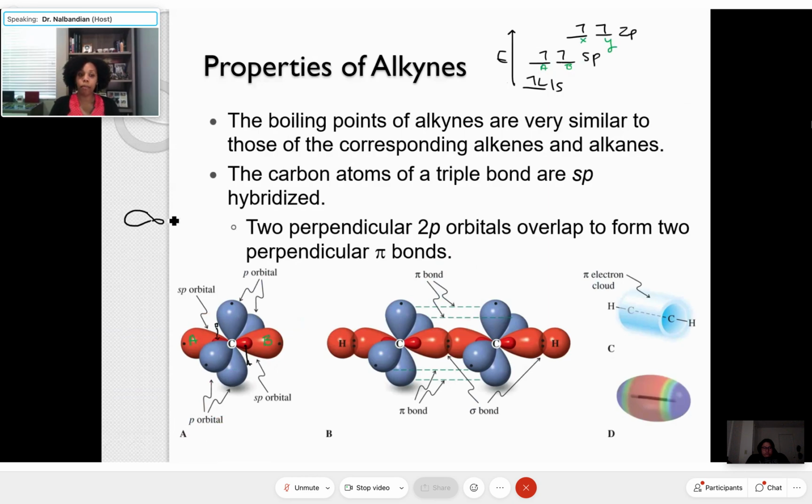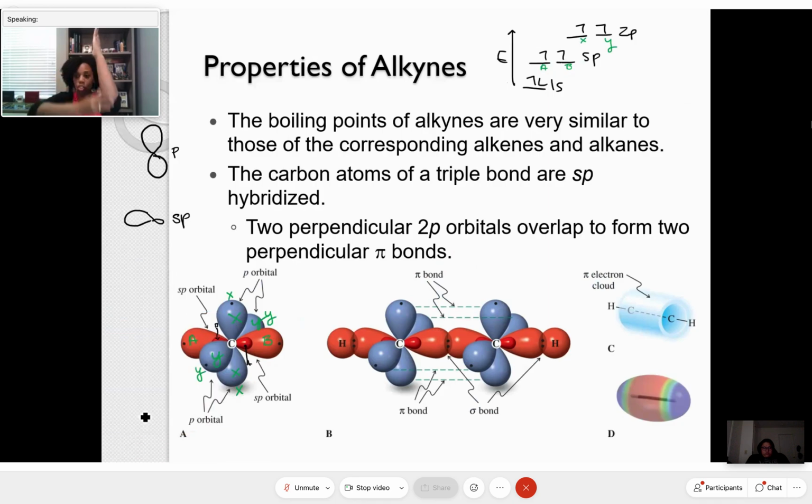And then remember what a p orbital looks like. A p orbital is the same size on both ends. So what do we have here? For our p orbital, X, this is the top and bottom of X. This is the front and back of Y. So remember how these orbitals look.